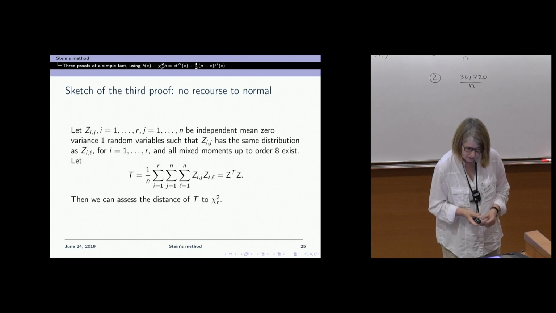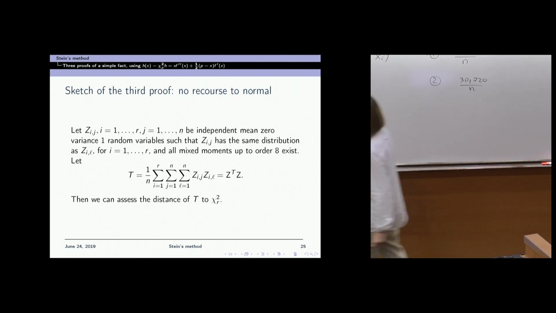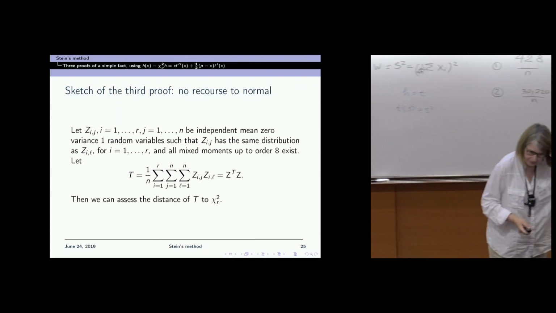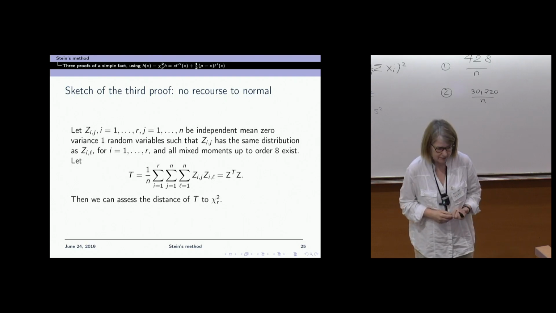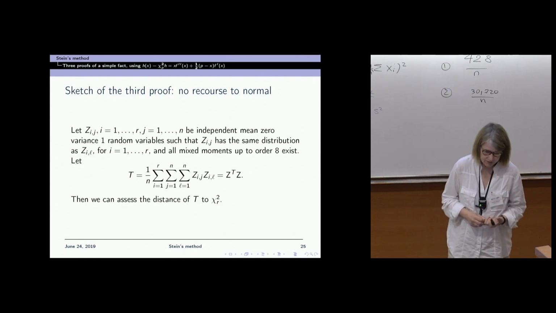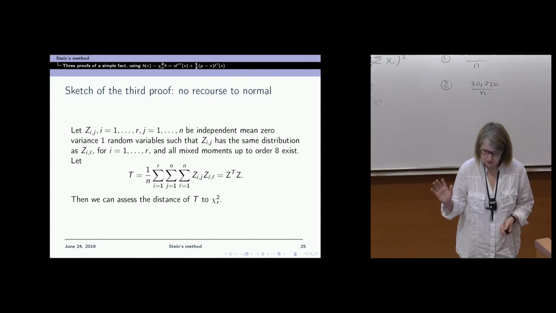So let's assume that, for some reason I call this axis now Z, we've again got an array of independent mean zero variance 1 random variables, the same distribution, and assume that all mixed moments for order up to 8 exist.